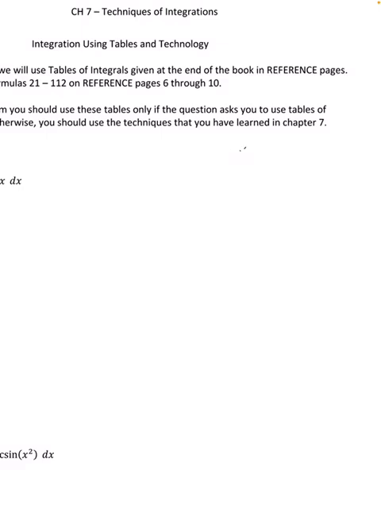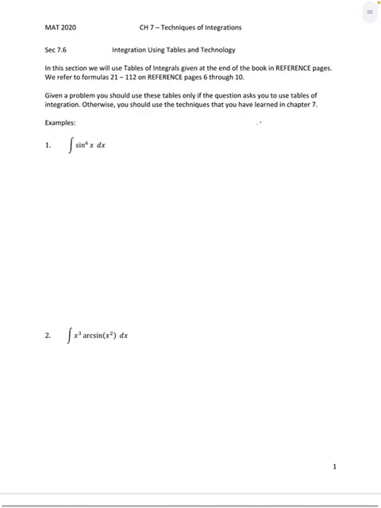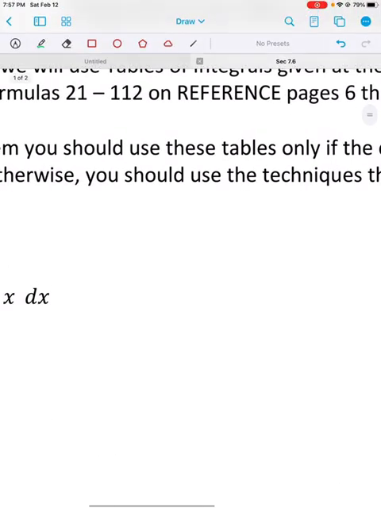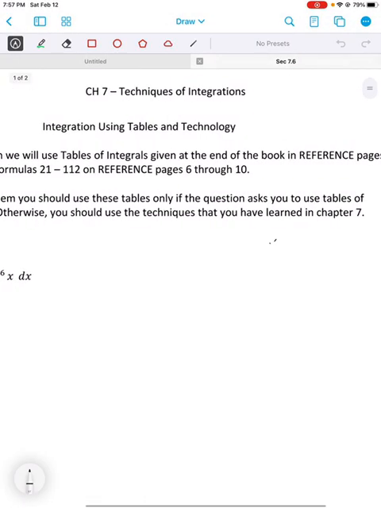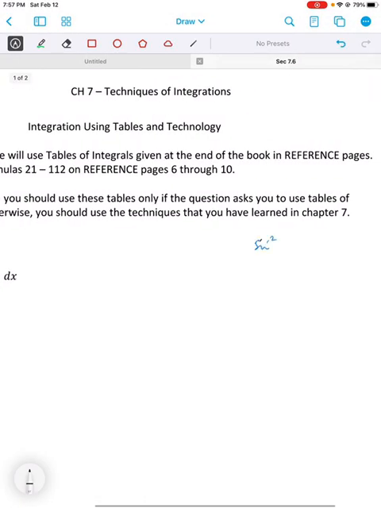So sine squared x equals 1 minus cosine of 2x over 2, or 1/2 minus 1/2 cosine 2x. So whichever way you want to remember it.